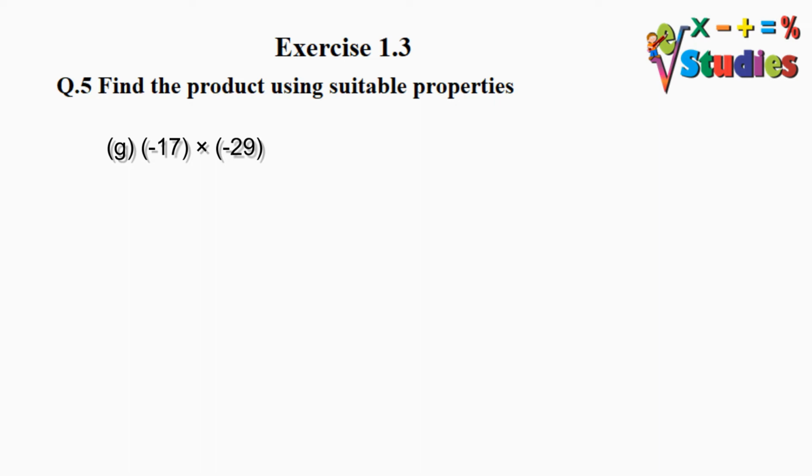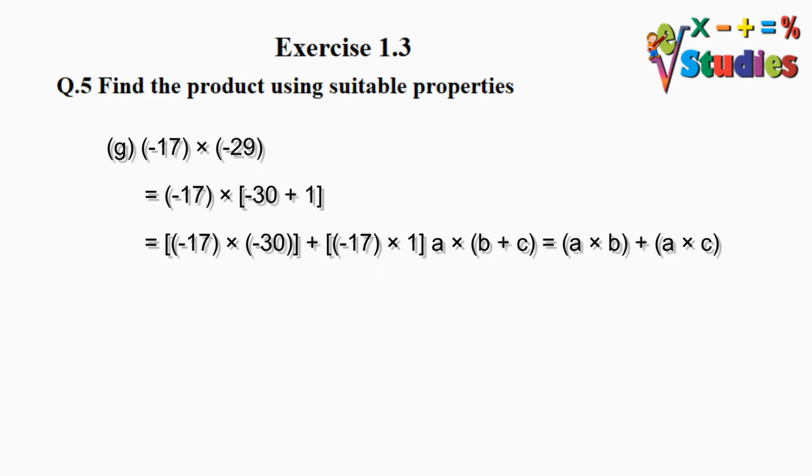We have negative 17 multiplied by negative 29. So what we are doing here is that because we do not have a number having 0 behind it, we can add 1 in negative 29 and then subtract it. So here what we have done, that negative 30 plus 1 would give us negative 29. So then we have multiplied negative 17 with negative 30, and negative 17 multiplied by positive 1.